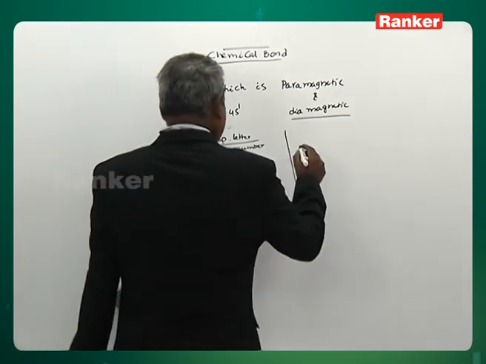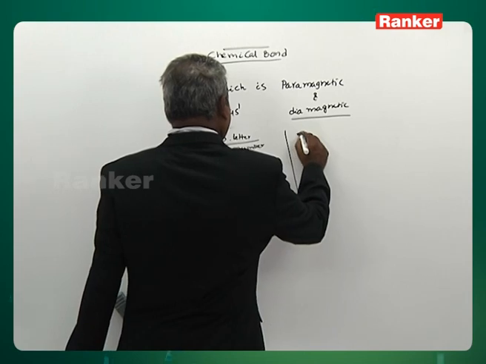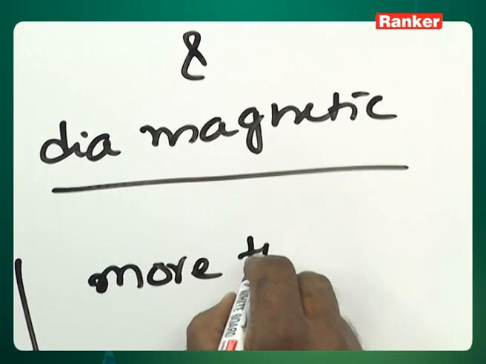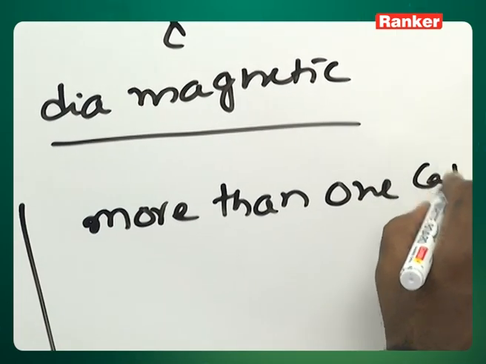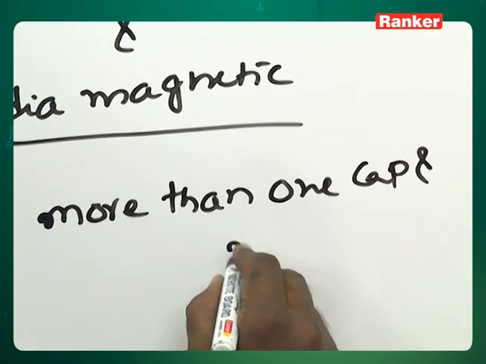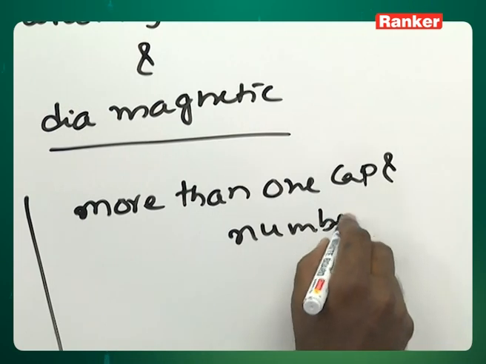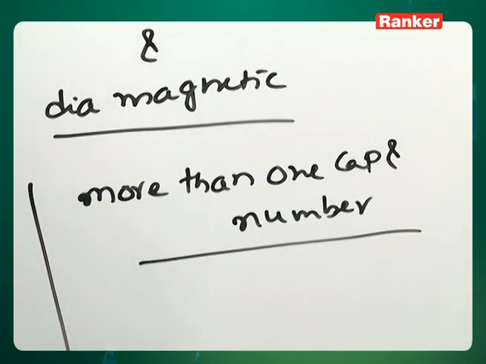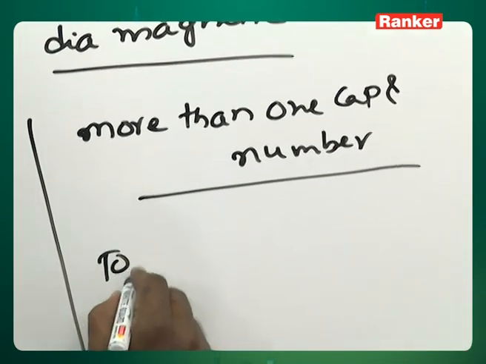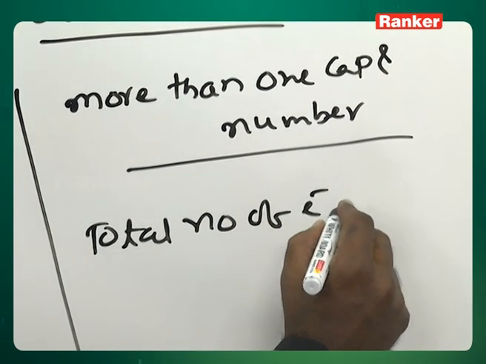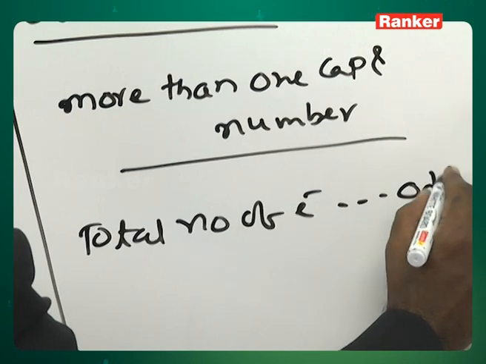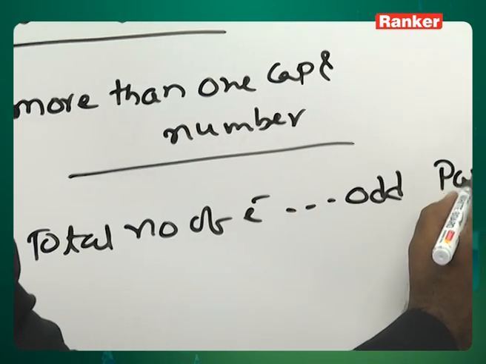And this is for more than one capital letter, in which you have more than one capital letter and a number. You count the total number of electrons. Odd number, it is paramagnetic.